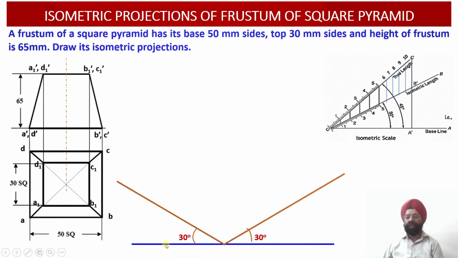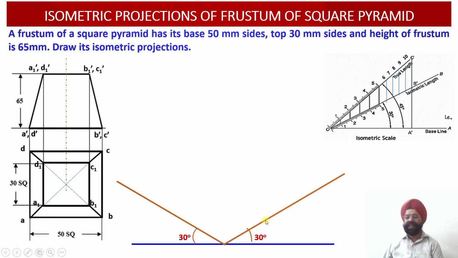Now, in order to draw the isometric projections, we have drawn a horizontal ground line or a datum line. A center point has been marked over here, and from this starting point, I have drawn the isometric x-axis at an angle of 30 degree. This has been drawn towards the left side.